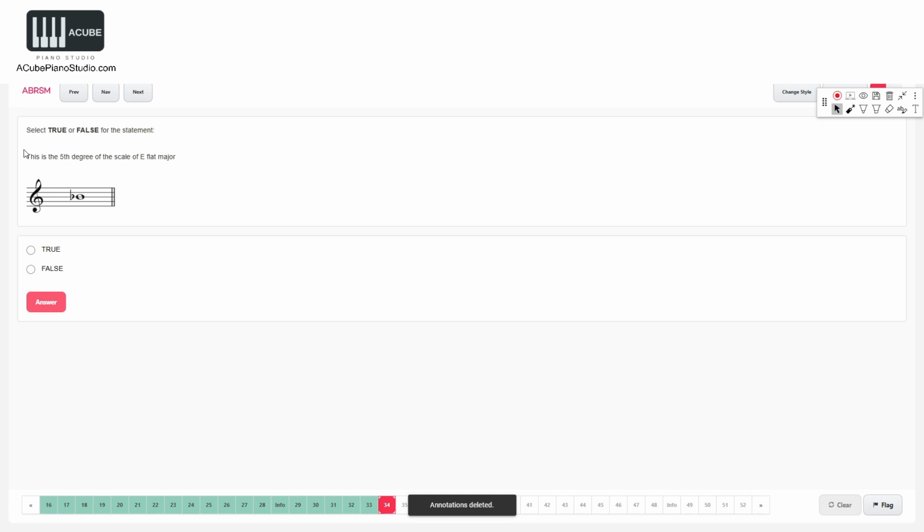Okay, next, let's take a look at this. Select true or false for the statement. So now this is the 5th degree of the scale of E flat major. Before we do that, just remember what the key signature is for E flat major. The key signature will be B flat, E flat, and A flat. So any B, E, and A needs a flat. Now let's count.